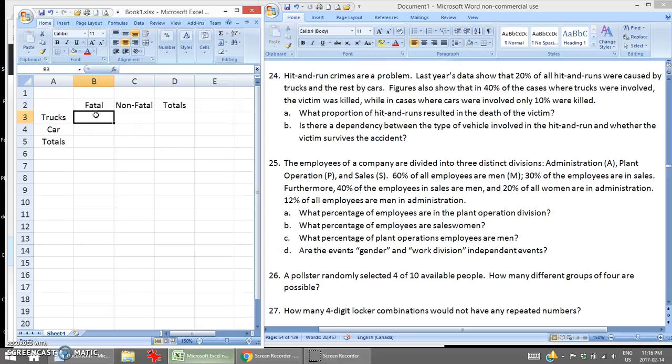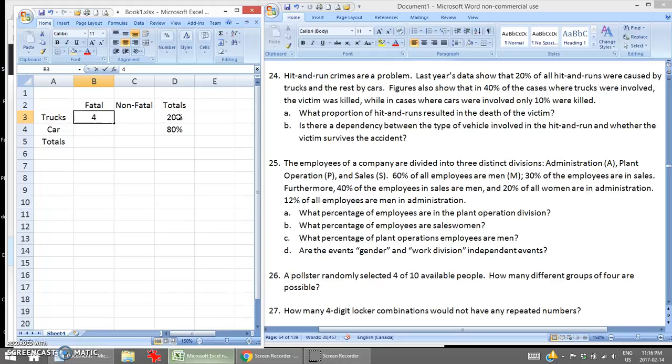It says last year's data show that 20% of all hit and run accidents were caused by trucks. So we know that's a total, 20%. By default, the number of cars involved in an accident is 80%. Figures also show that in 40% of the cases where trucks were involved, the victim was killed. So there's a fatality here.